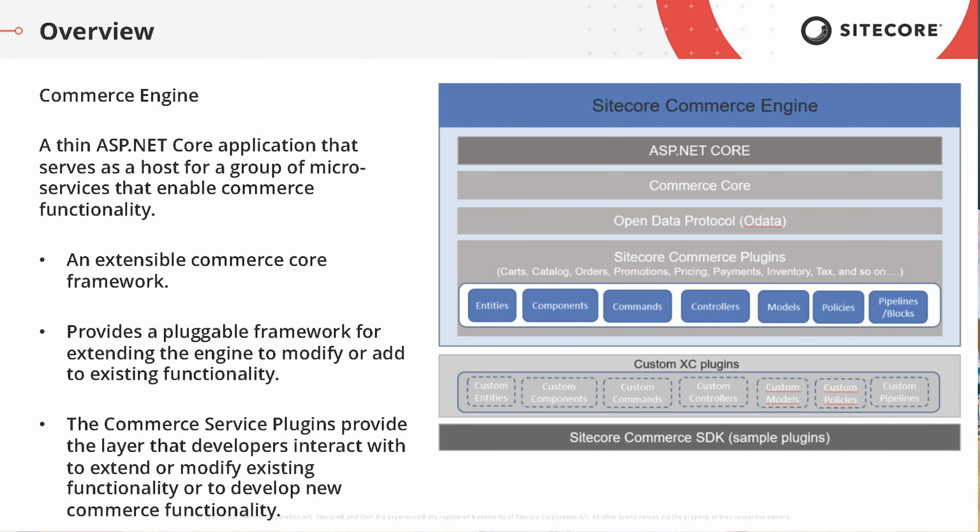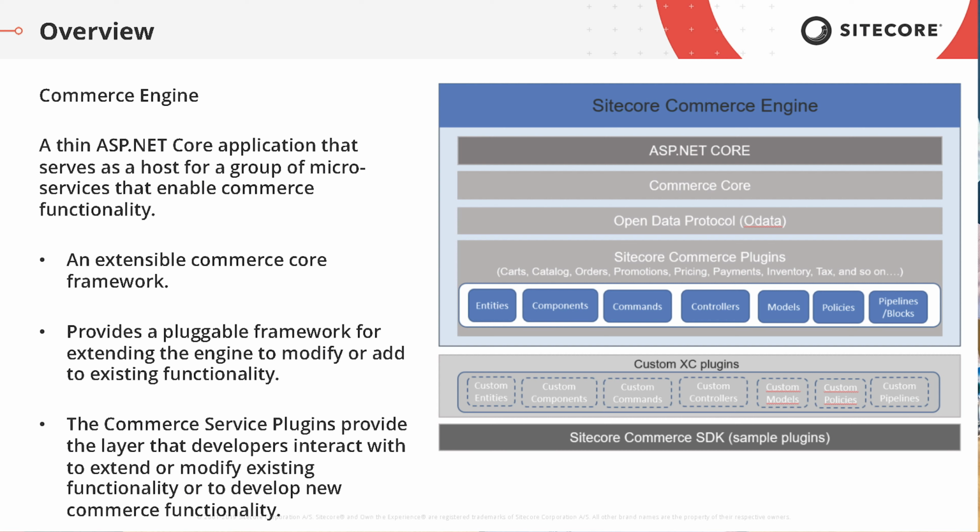Commerce Engine. Here's a good screen grab of what the Commerce Engine is, a nice broad overview. Of course, it's a thin ASP.NET Core application, which houses the entire set of microservices that make up the Commerce Core functionality. It provides a pluggable framework for extending the engine. That pluggable framework is essentially how the entire system is built.